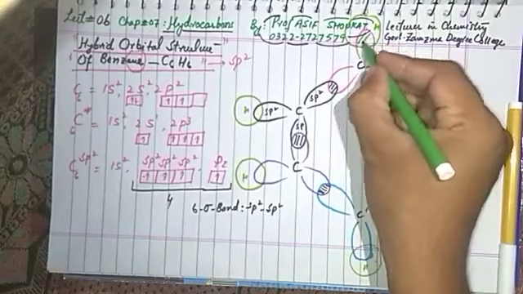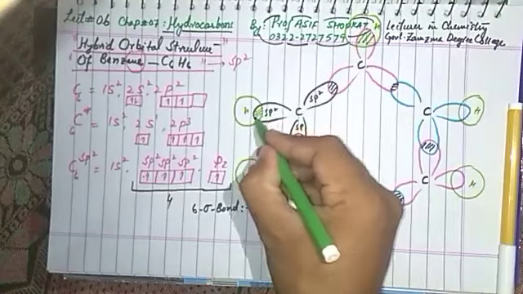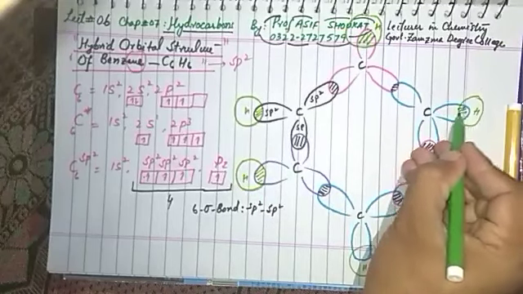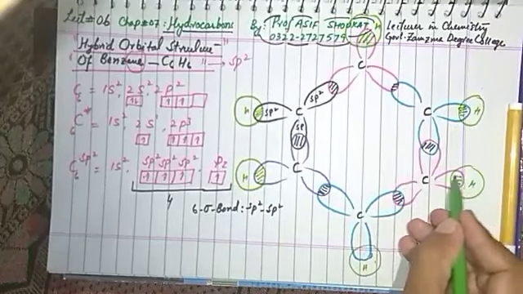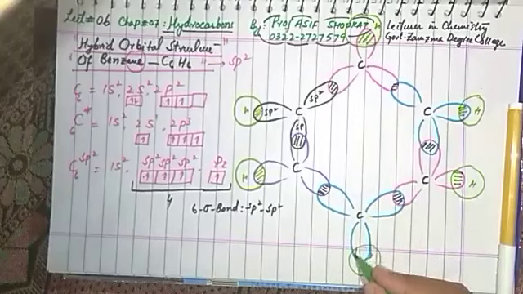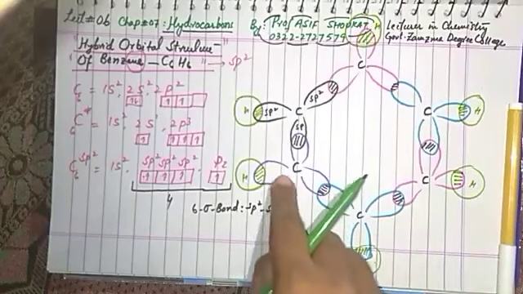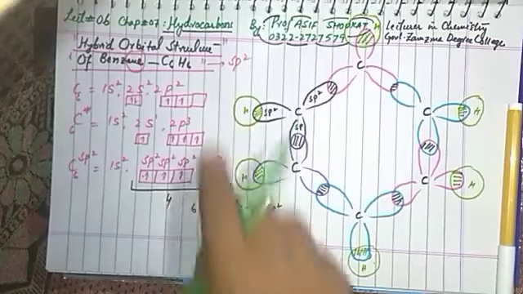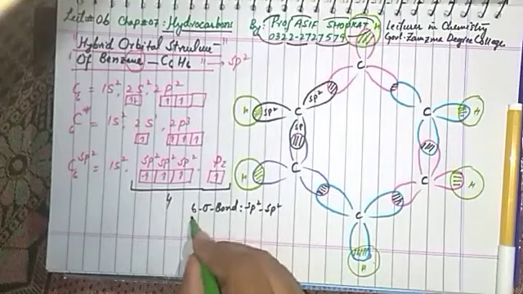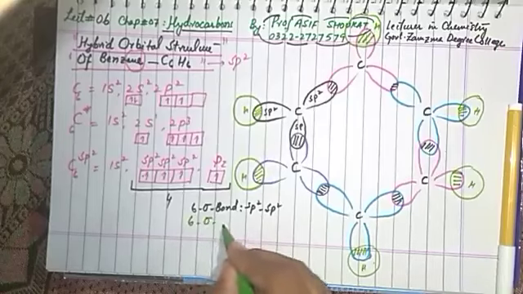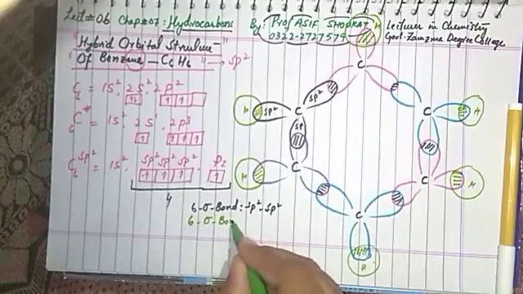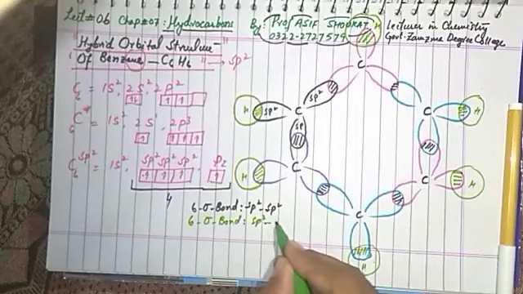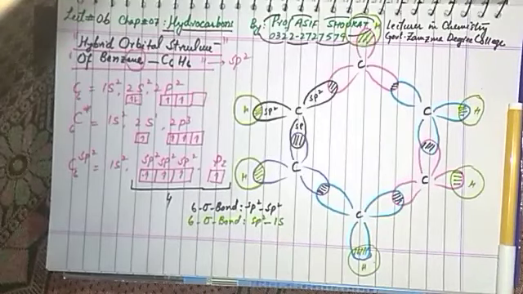What about this overlapping? It is a sigma bond, but the overlapping is different from the previous one. Why is it different? Because this one is an sp2 hybrid orbital, but hydrogen contains 1s. So I can write here 6 sigma bonds between sp2 of carbon and 1s of hydrogen.